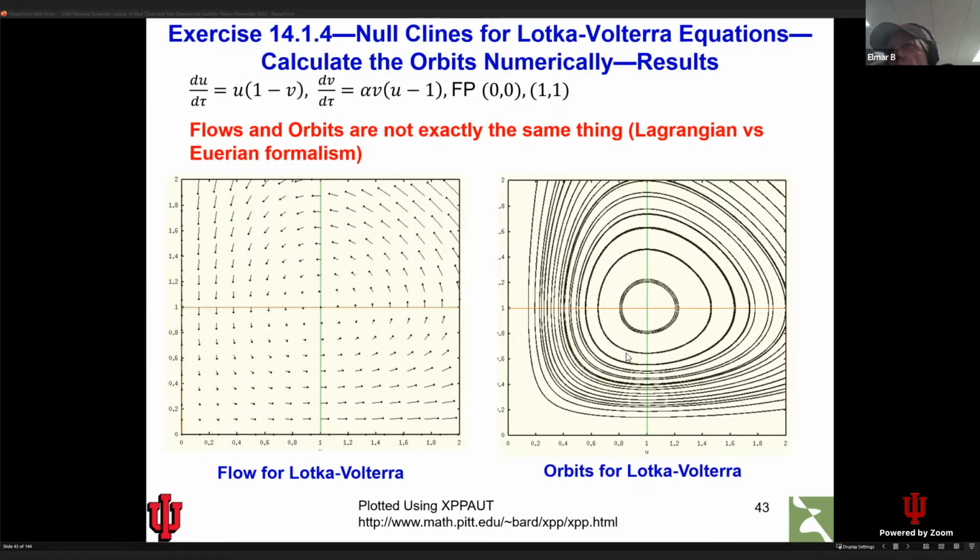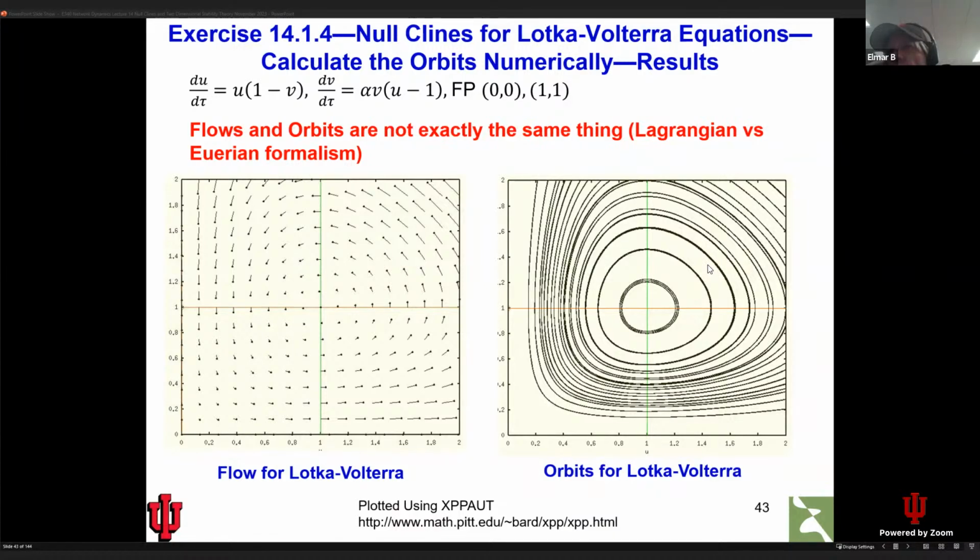If I start on one of these circles, I stay on the circle forever. If I perturb off of the circle, I stay on wherever I am on my new circle. I don't come back.